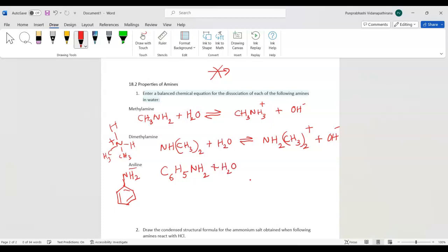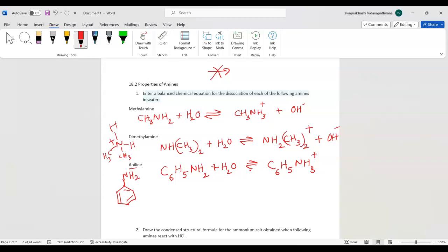reacting with water to form C6H5. Now one hydrogen ion, H plus ion, will go and attach to the nitrogen atom. So the total number of hydrogens will be 3, NH3 plus.